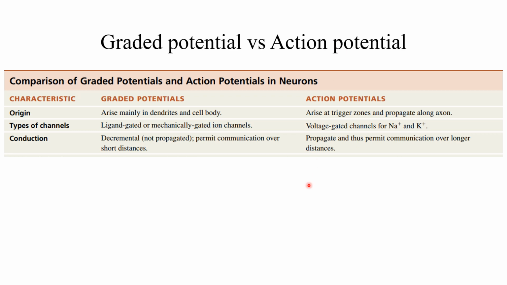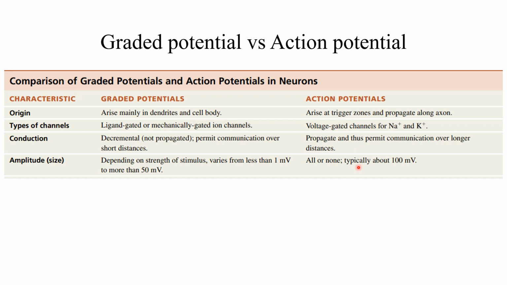Another thing that distinguishes action potential from graded potential is that it's for long-distance communication or propagative action, where the conduction is decremental, or it's for short-distance communication in the graded potential.